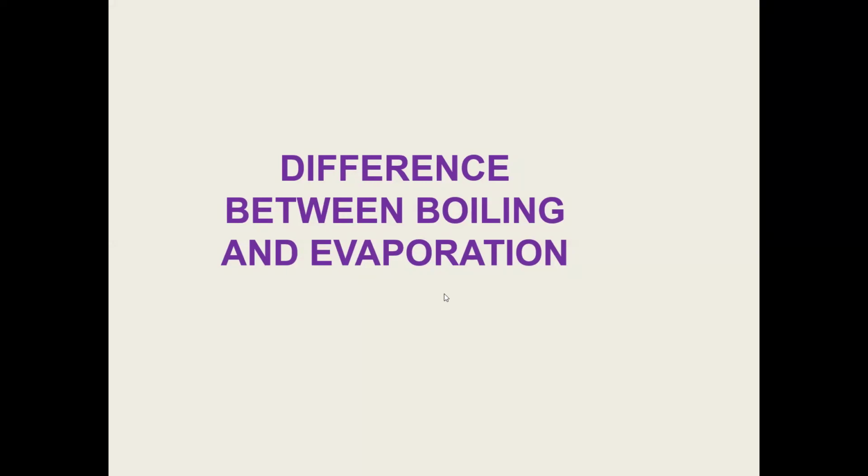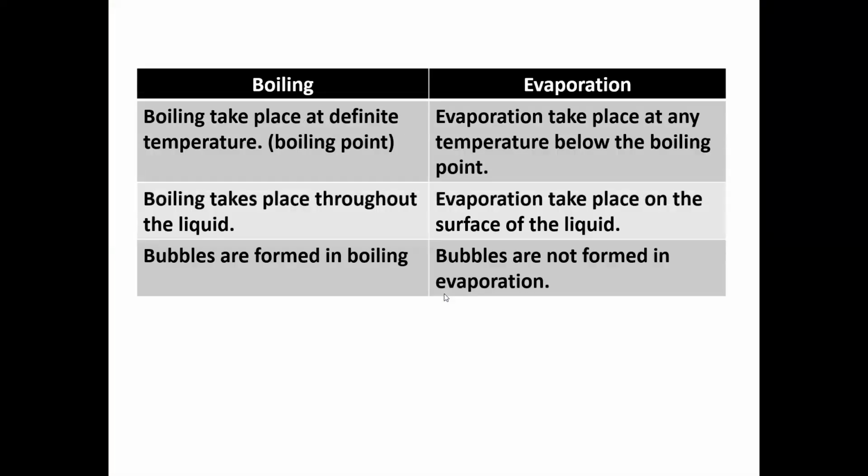Now, boiling and evaporation have some differences. Boiling takes place at a fixed temperature, the boiling point. Evaporation can take place at any temperature. Boiling takes place throughout the liquid. Evaporation takes place on the surface of the liquid. Bubbles are formed in boiling. Bubbles are not formed in evaporation.